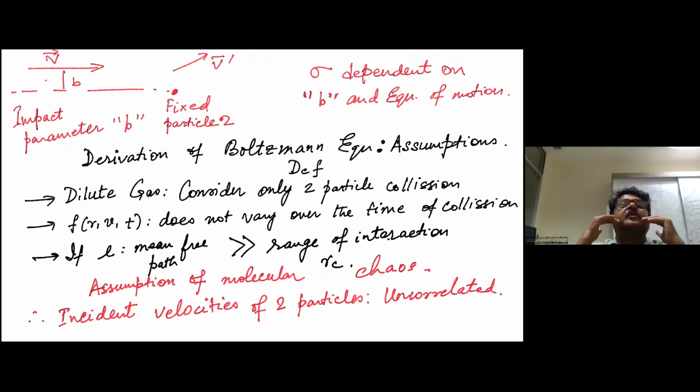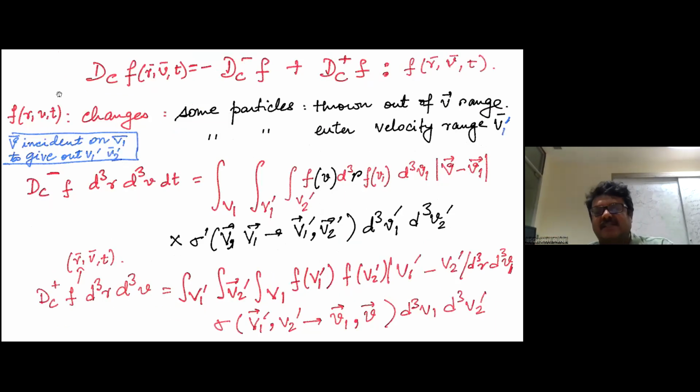But for any particular classical interaction, we can consider the ideas of forward collision and inverse collision, in that particles which were moving with v1 dash and v2 dash are going to occupy velocities v1 and v2.